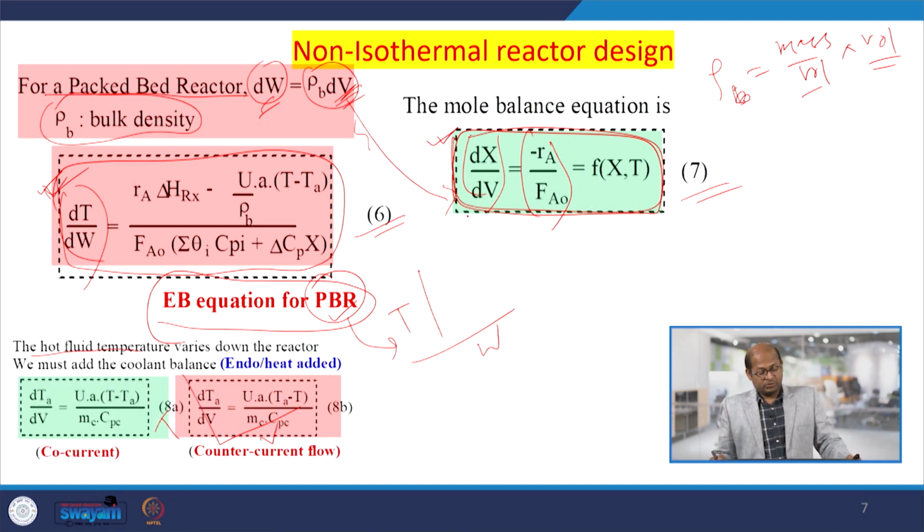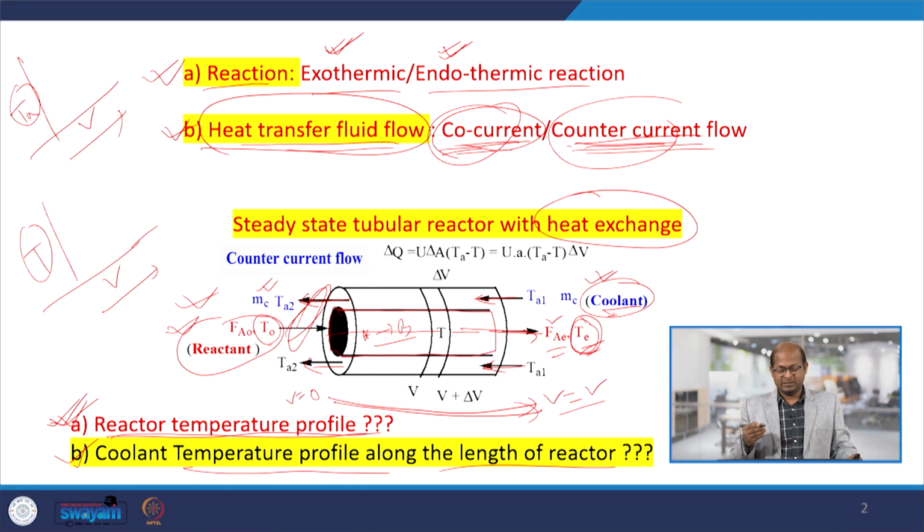Now, another equation: since the reactor has heat exchange, heat transfer fluid is also passing outside the reactor to maintain the temperature, and there would also be temperature changes along the length of the reactor. Let us say the coolant enters at an inlet temperature of 30 degrees centigrade. When it moves along, its temperature may not stay 30, it may reach 50 degrees centigrade.